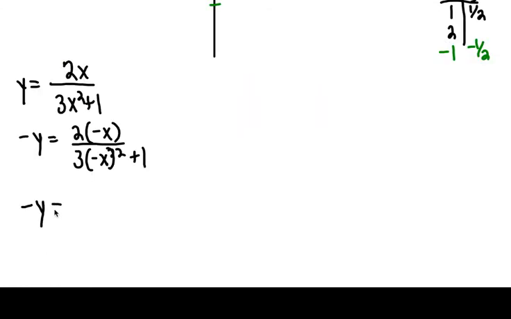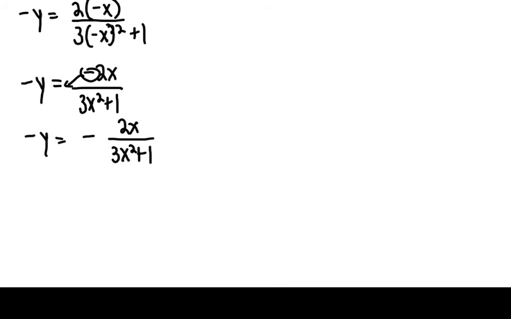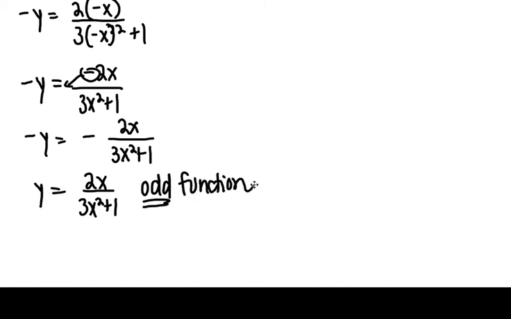So I've got negative y equals negative 2x over 3x squared plus 1. So I have a negative term on the left, a negative term on the right. I'm going to multiply or divide both sides by the negative, and I get exactly what I started with, which means we have an odd function, which means we're symmetric about the origin.